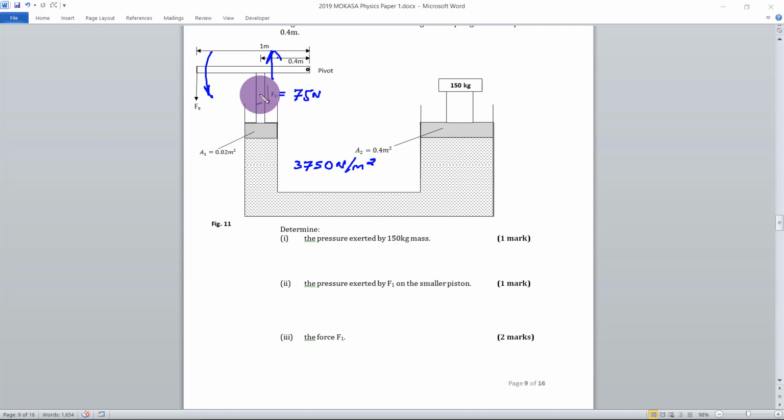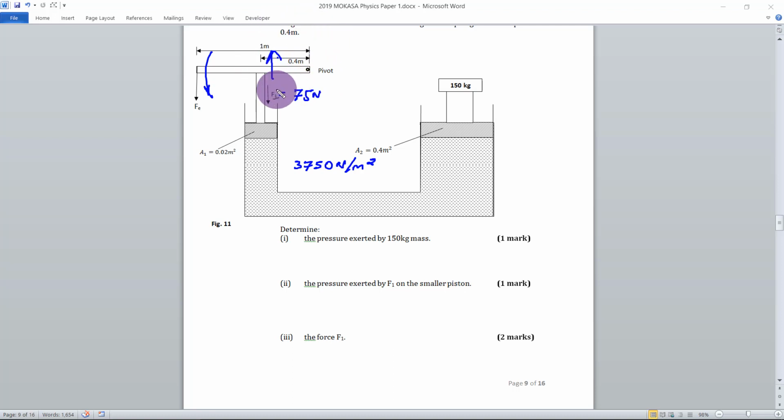If this rod is applying a force of 75 newtons downwards, and that force is applied on this rod by this plank, then it follows that the force that the same plank applies on this one is of the same magnitude, 75 newtons. So it tends to turn the system clockwise.